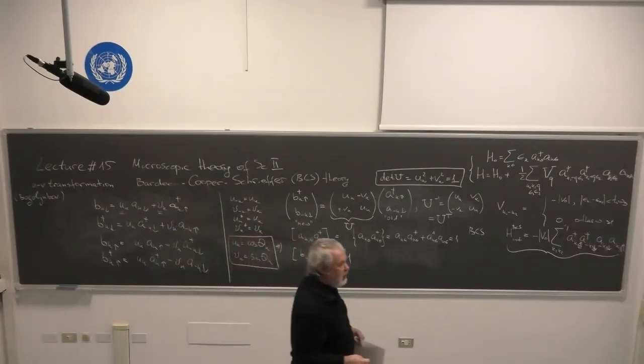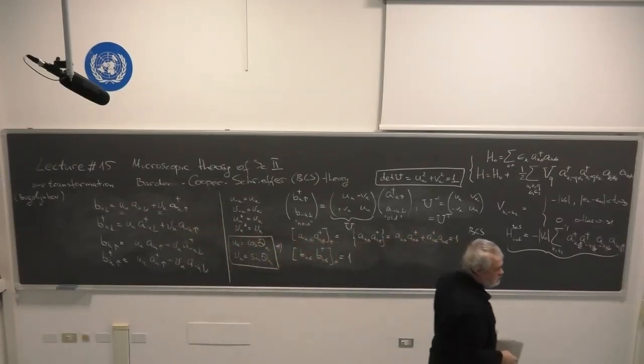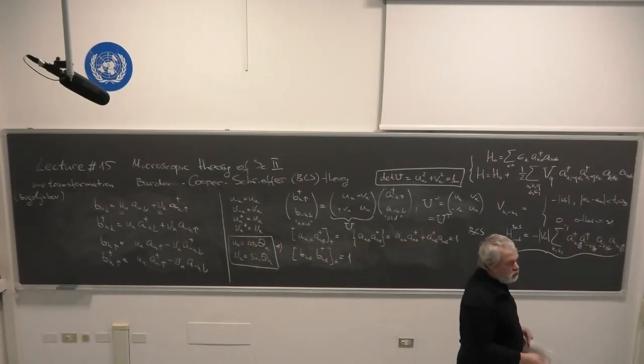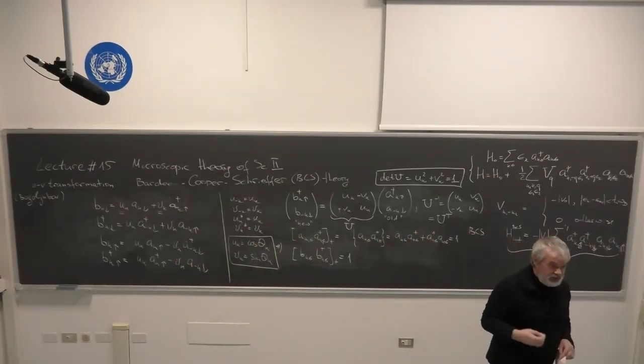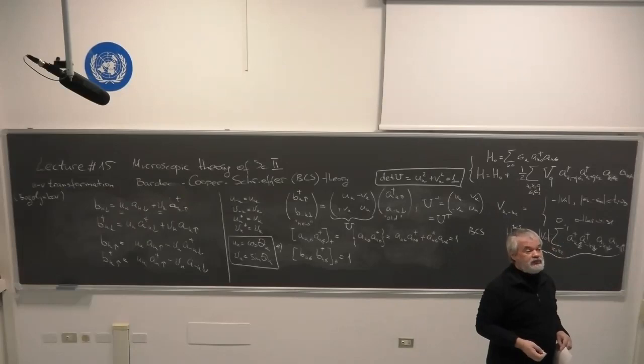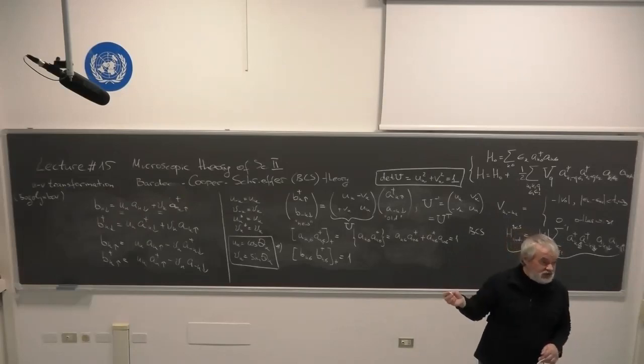So my UV transformation for a fermionic system is an orthogonal transformation, which is a rotation in the Fock space. The Fock space itself, as I said, is compact. This is because of the Pauli principle. And as a result, my rotation is a rotation on a compact manifold.